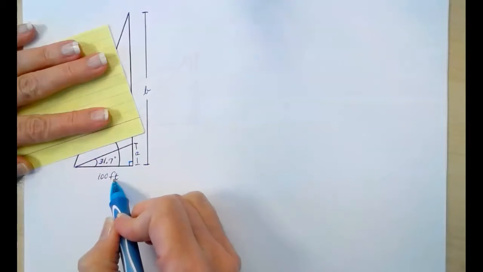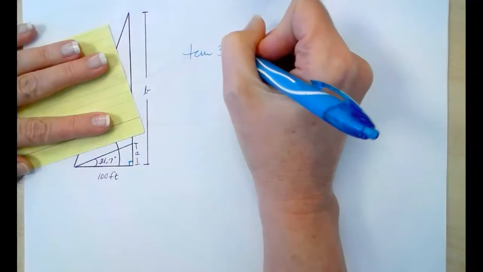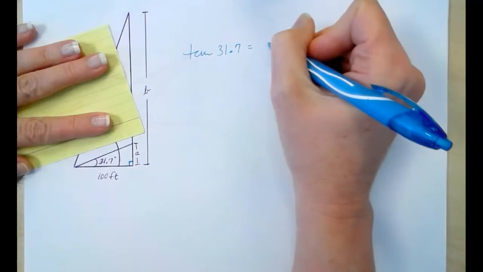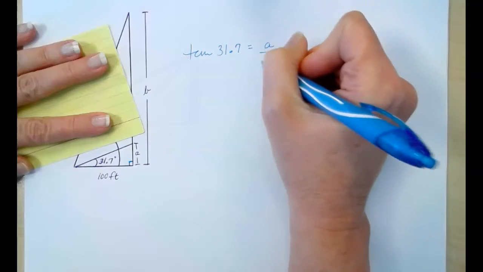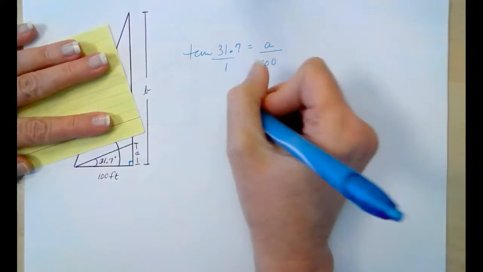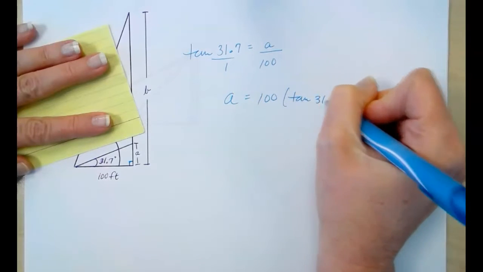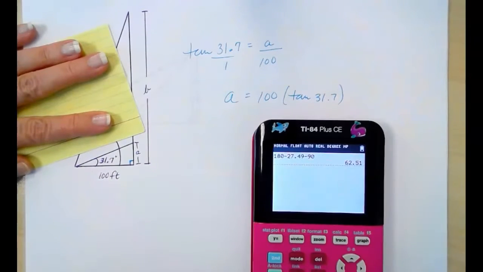This is opposite, this is adjacent. So let's set this up with tangent. The tangent of 31.7 equals opposite over adjacent. This is a quick cross multiplication. A equals 100 times the tangent of 31.7.